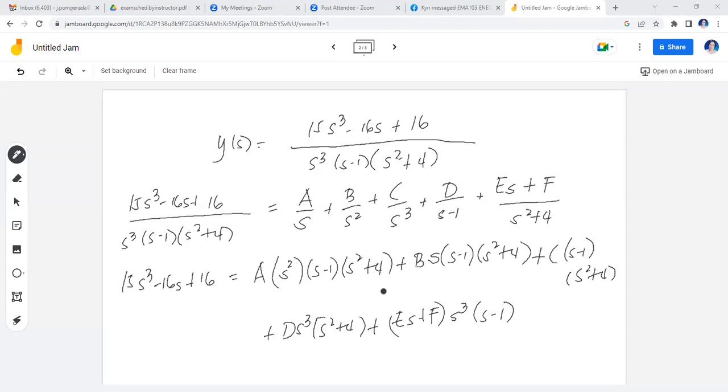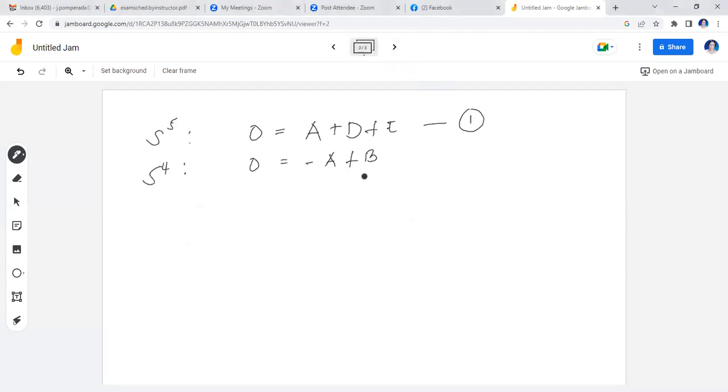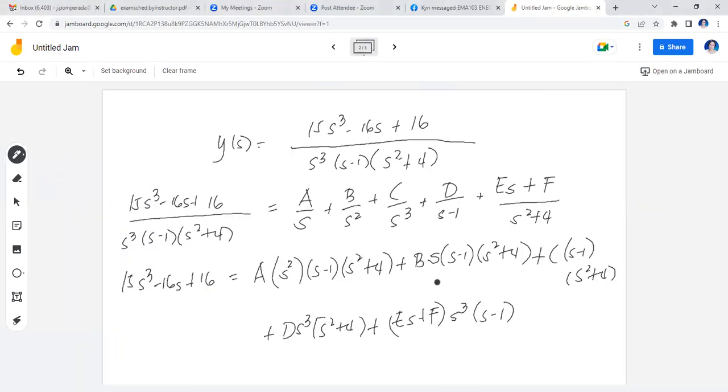Joshua, you have here an S squared. If you multiply it with negative 1, that would be negative S squared. If you multiply it with S squared, that would be negative A S to the 4th. That is why it's negative. Where was I? So I'm on the B, S to the 4th.